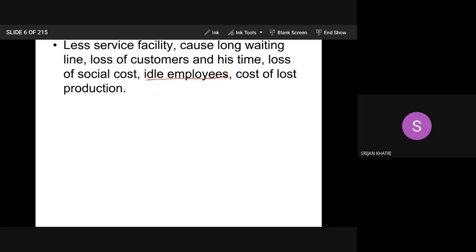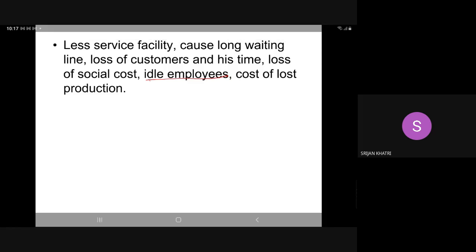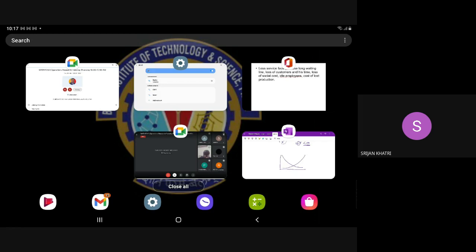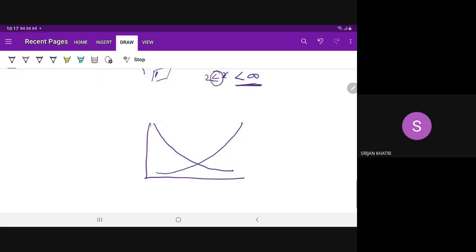Now the optimization arises. We have to optimize the service facility so that we can manage the service cost and waiting cost optimally. We have to adjust the service facility in such a way that total cost should be the minimum.